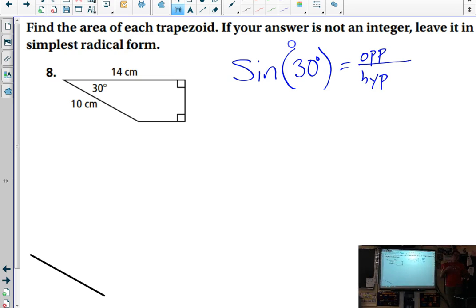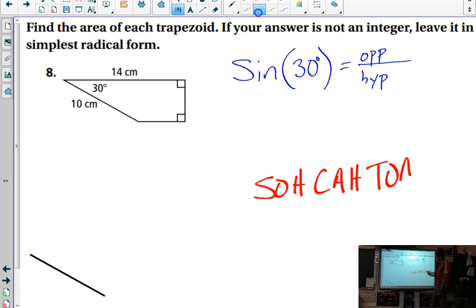Trig comes down to one saying that you'll probably hear over and over again in your mathematical career: SOHCAHTOA. SOHCAHTOA is a really simple way to explain the ratio relationships of our trigonometric relationships.